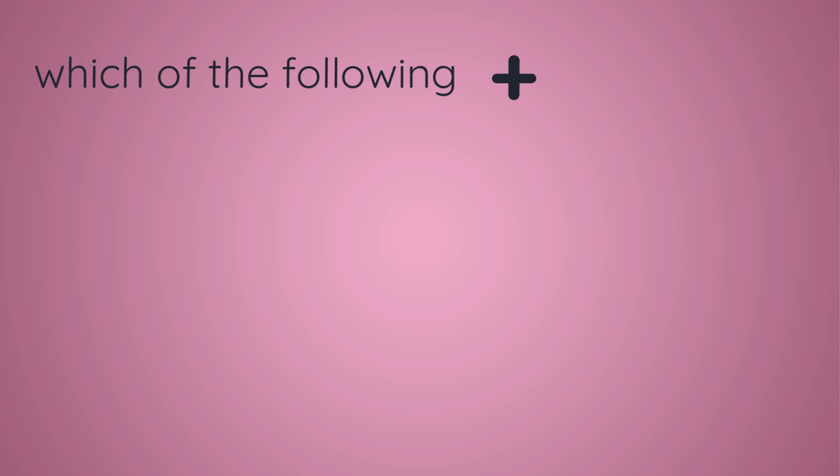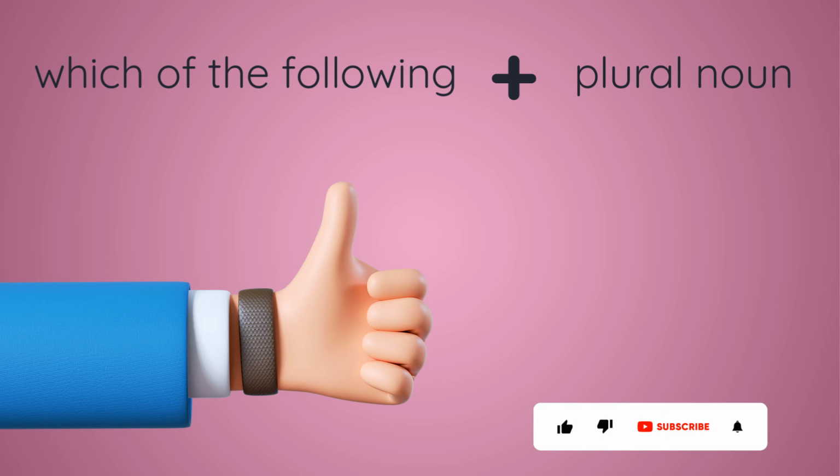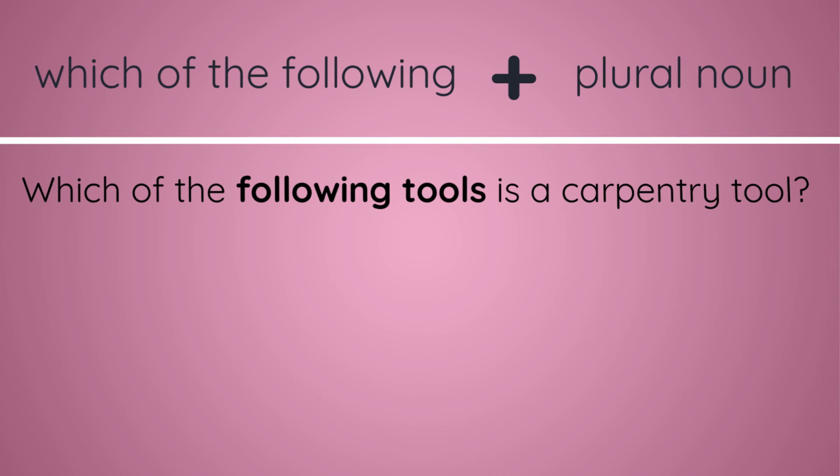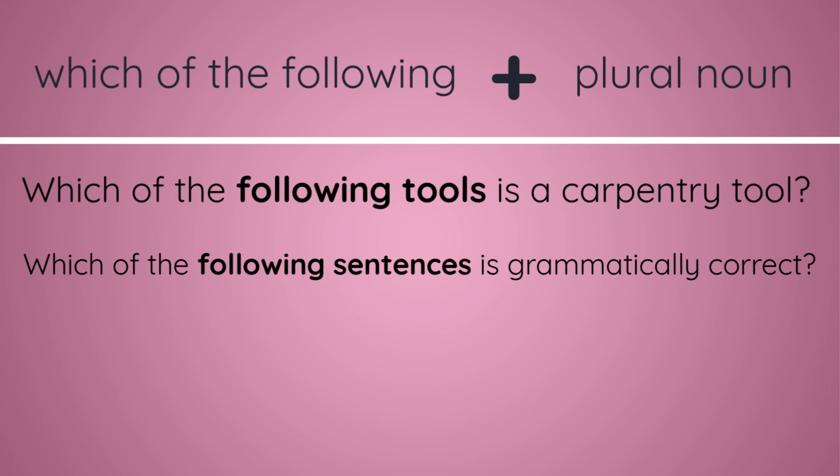"Which of the following" plus a plural noun. We're free to use or not use a plural noun after "which of the following," because the meaning would not be lost. Look at the following examples to learn this better. Which of the following tools is a carpentry tool? Which of the following sentences is grammatically correct?